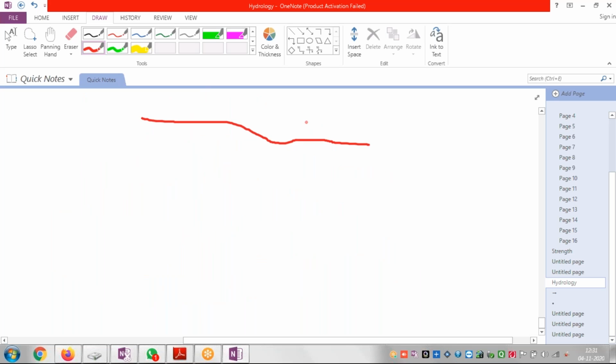So this is my soil. When rainfall happens, this water will come into the depth. Suppose this water came here, up to here, in 1 second, or we can say in 1 day.